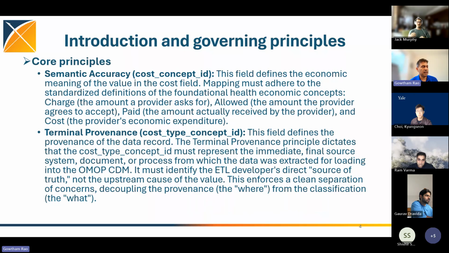So very briefly here, we're showing charge. Charge is the amount the provider is asking for. Doesn't mean that's what they'll get paid. That's what they're asking for. Allowed is the amount that the provider agrees to accept. Now you can ask for something, but you can also agree to accept something because they did some contractual negotiation with somebody who's paying. And paid is actually the amount that they have received, which may be different from the allowed amount.